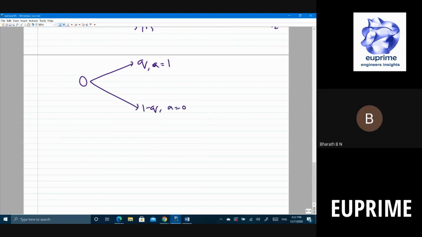If you are in state 1, with probability, let's say alpha, you transmit. With probability 1 minus alpha, you don't transmit. Now, this is a stochastic policy, because even if you are in state 0, beforehand you wouldn't know whether you are going to transmit or not. If I'm in state 0, I take a coin with bias q and flip it. If it is heads, I transmit. If it is tails, I don't transmit. This is called a stochastic policy.